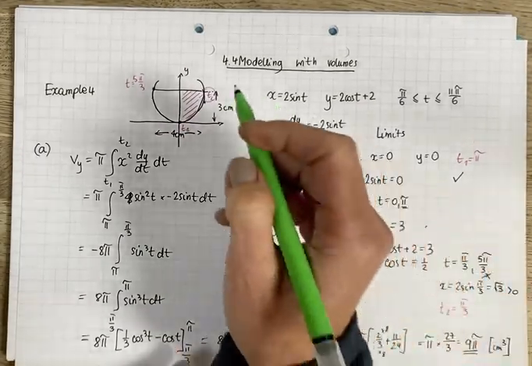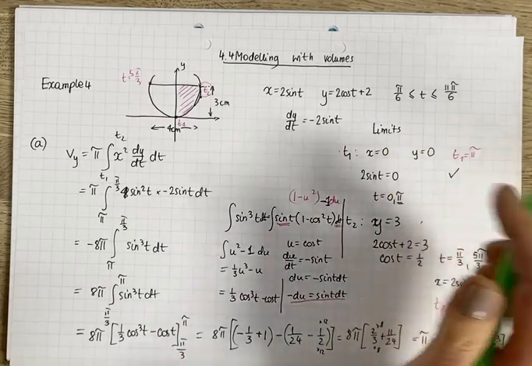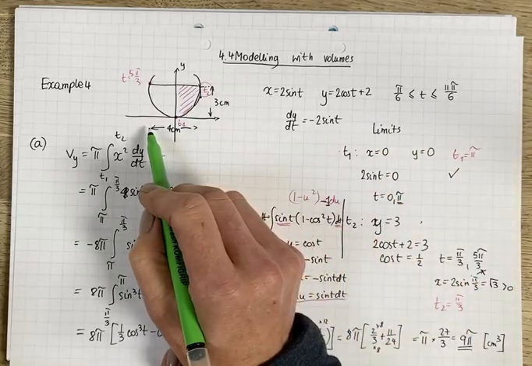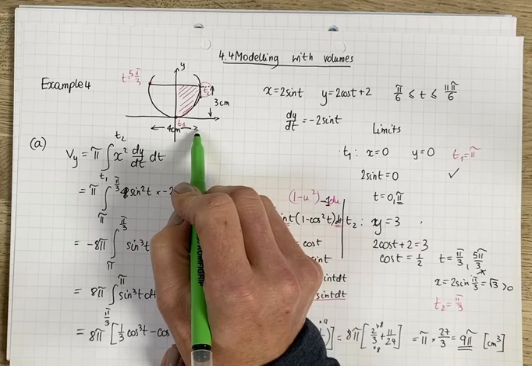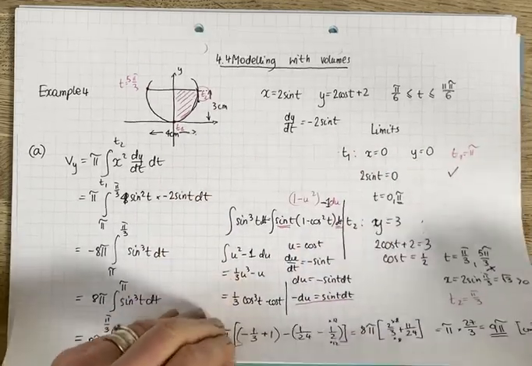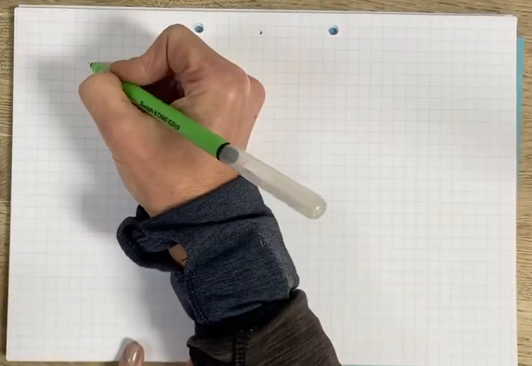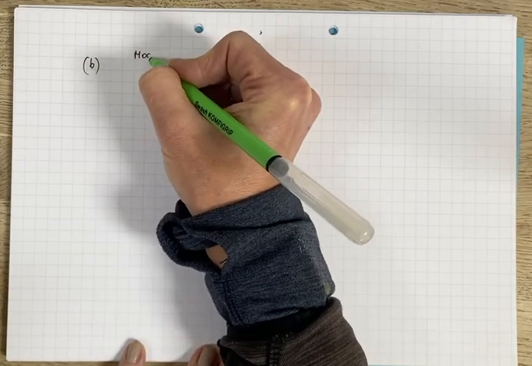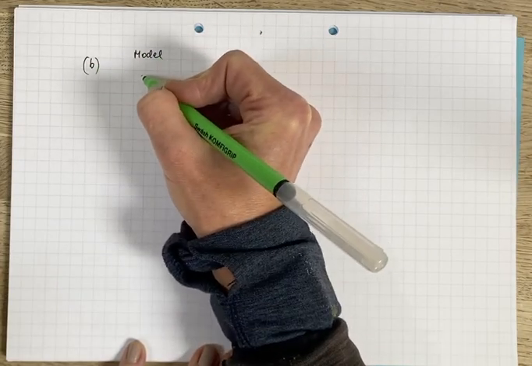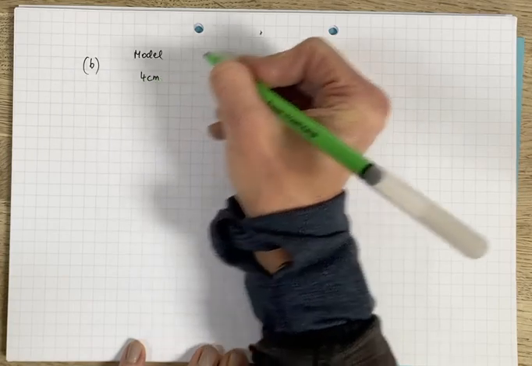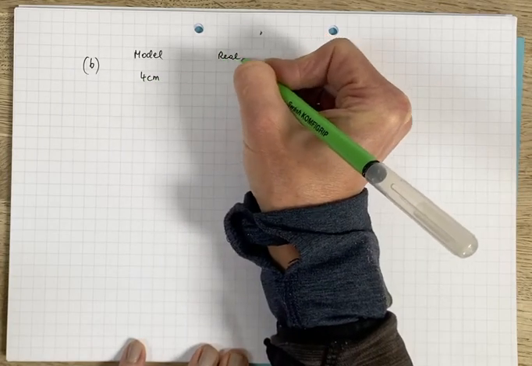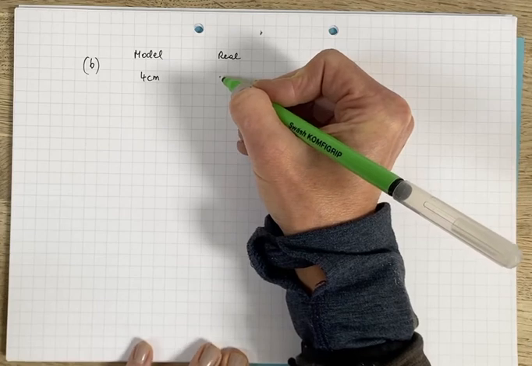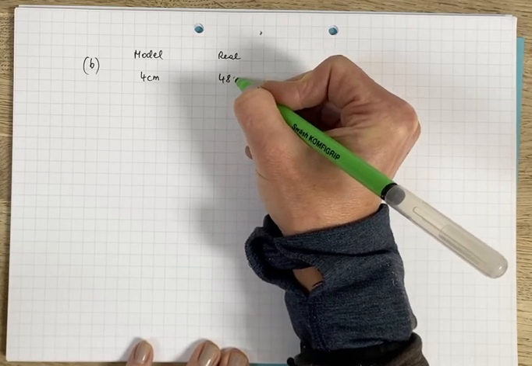So what is the maximum diameter of the model? Well, it's 4 centimeters. So in part B, in the model, the diameter is 4 centimeters. In the real fish bowl, it's 48 centimeters.